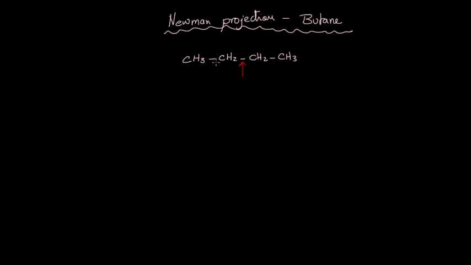So if we look at this carbon, this would be my eye, and I will be looking at the rotation around this bond in here. And therefore, drawing the Newman projection of this molecule, I'll draw the back carbon, then the front carbon. Next, I'll draw the bonds.